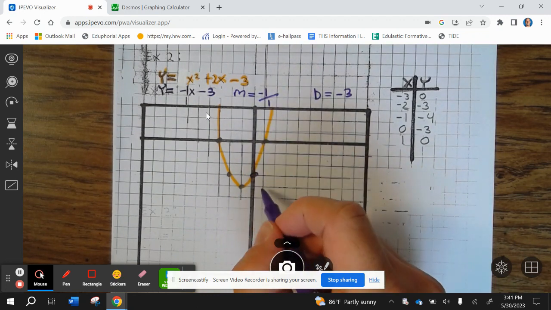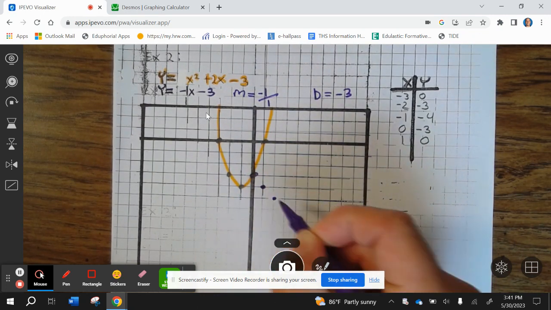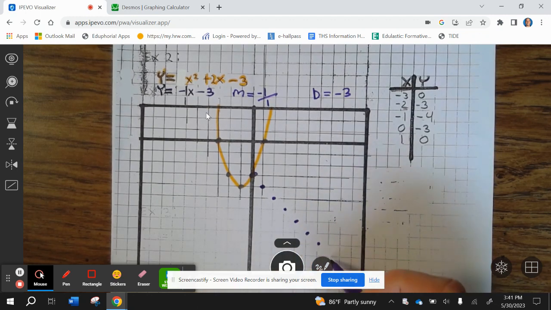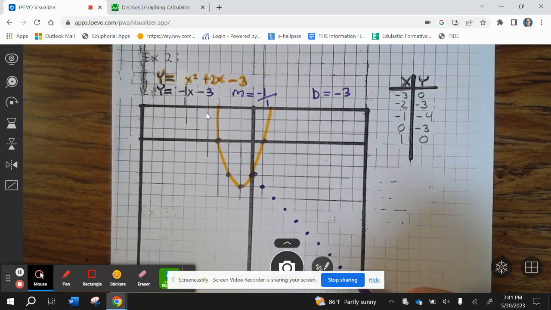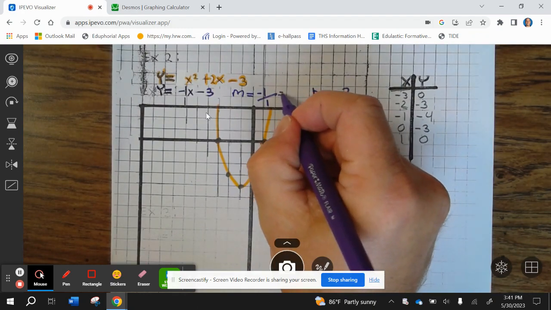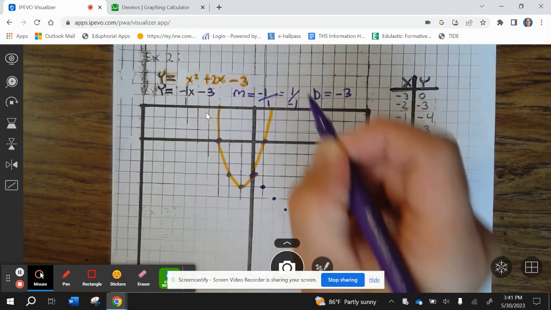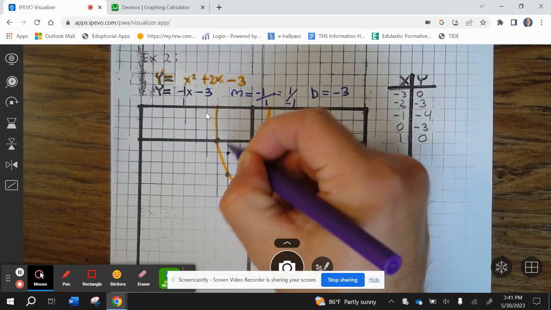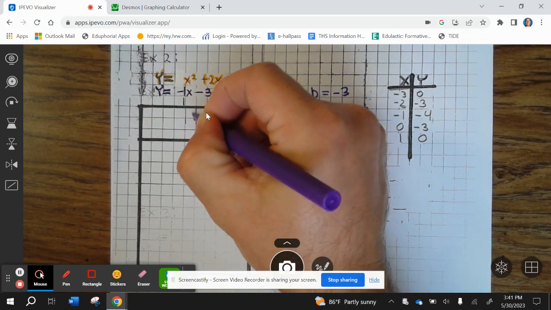This tells us we go down 1 to the right 1, down 1 to the right 1, and so on. But this is equivalent to 1 divided by -1. So we can actually go up 1 to the left 1, up 1 to the left 1, and so on.